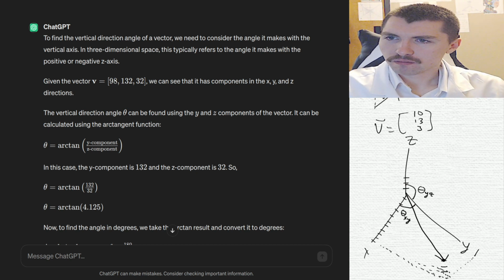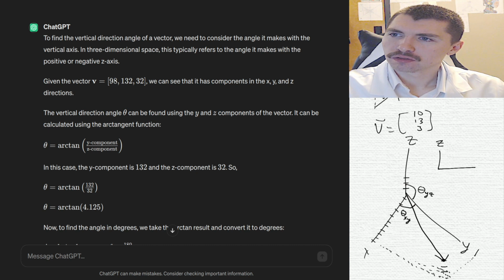So it's saying if we know y is 13, z is 3, we want to know this angle.